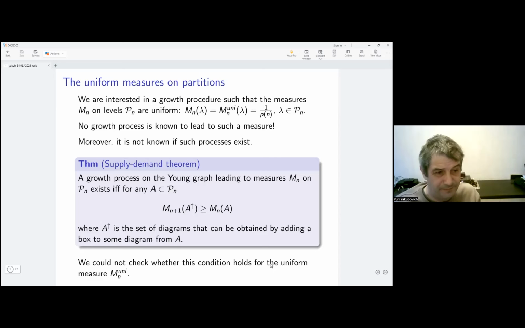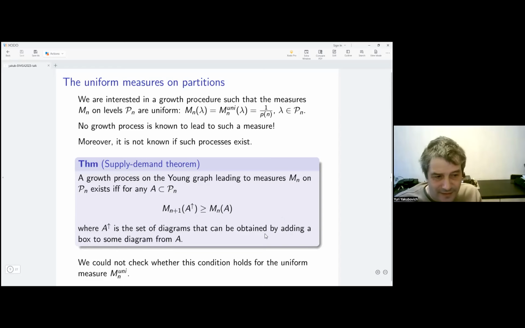It isn't even known if we can construct such a process. There is a theorem from a different area of mathematics, from linear programming, which tells us when we can construct one and when we cannot.